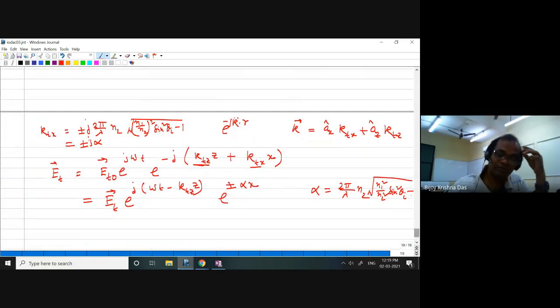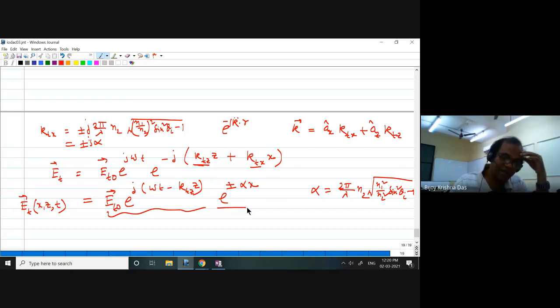So minus 1. Normally, if you see along z direction, it has an oscillatory function, time dependent as well. And along x direction, this ET has a function of x, function of z, function of t. Along z direction, it will be oscillating like a normal traveling wave.